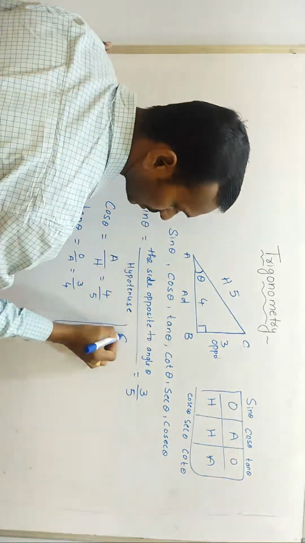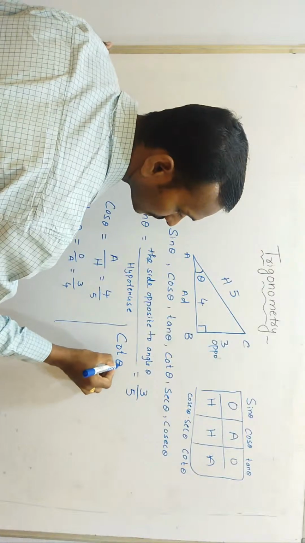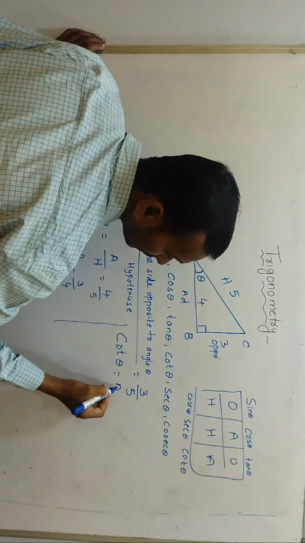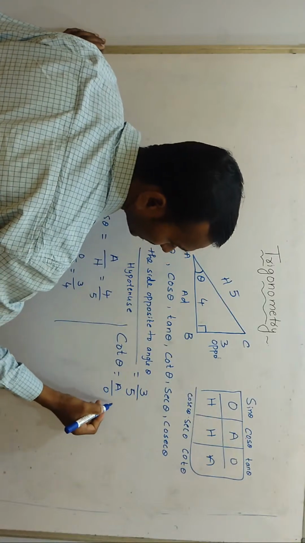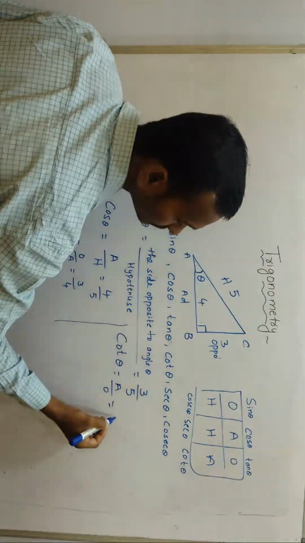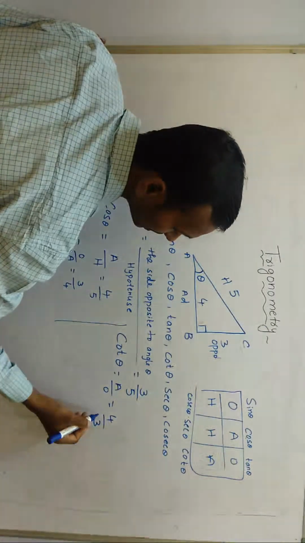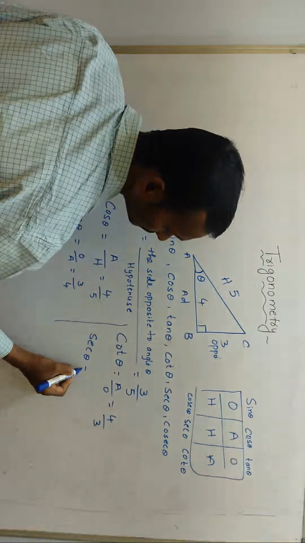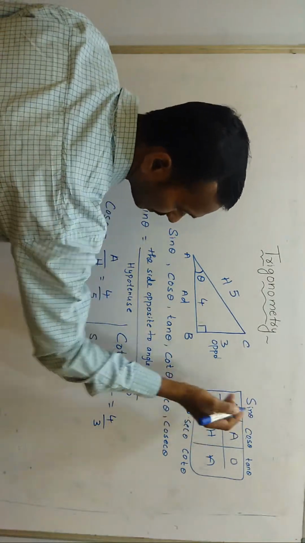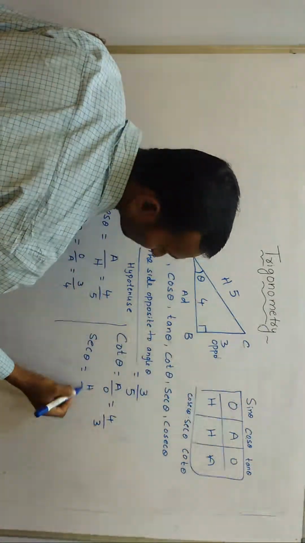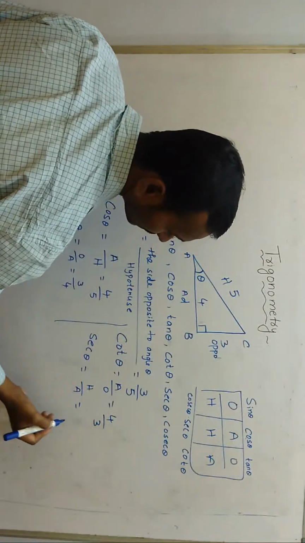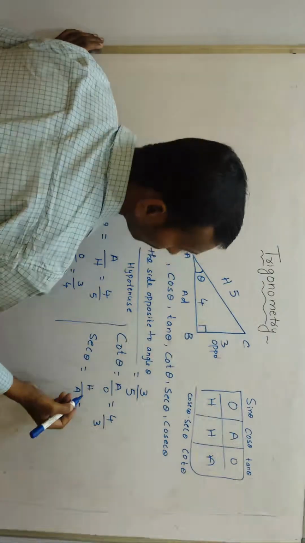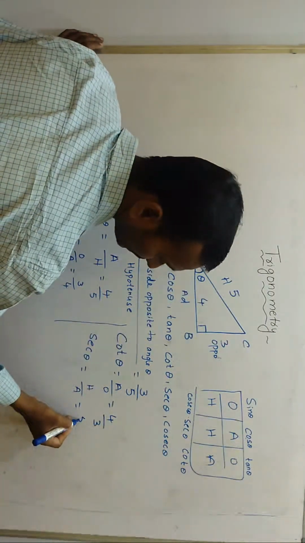What about the cot? Cot theta is nothing but adjacent by opposite. Adjacent is 4, opposite is 3. Secant is nothing but hypotenuse by adjacent. Hypotenuse is 5, adjacent is 4.